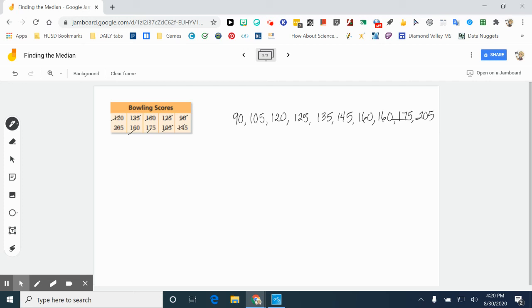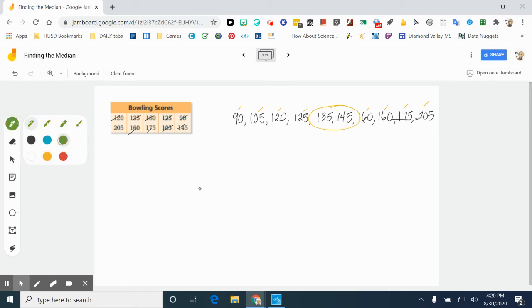So now I've got them in order, and now I just need to find the middle number. Now this is a lot more numbers than before, so my little trick is going to come in handy. 1, 1, 2, 2, 3, 3, 4, 4. Ooh, gosh, look, I have 2 in the middle. Okay, now luckily I remember what to do.